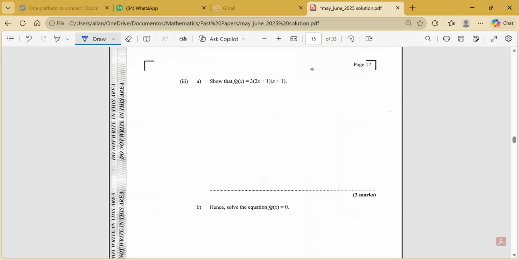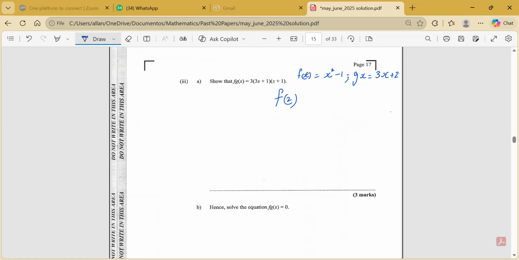So let's write down what f of x is, and what g of x is equal to. So we know how to do f of 2.